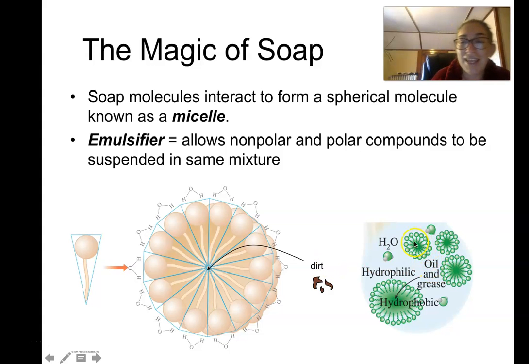And so you basically get these little spheres that trap grease and carry it away in the water. Anything that is amphipathic like this, and that can help nonpolar substances dissolve in polar substances, we call emulsifiers. And this sphere is called a micelle. So emulsifiers are any type of really amphipathic molecule that can form these micelles in water.